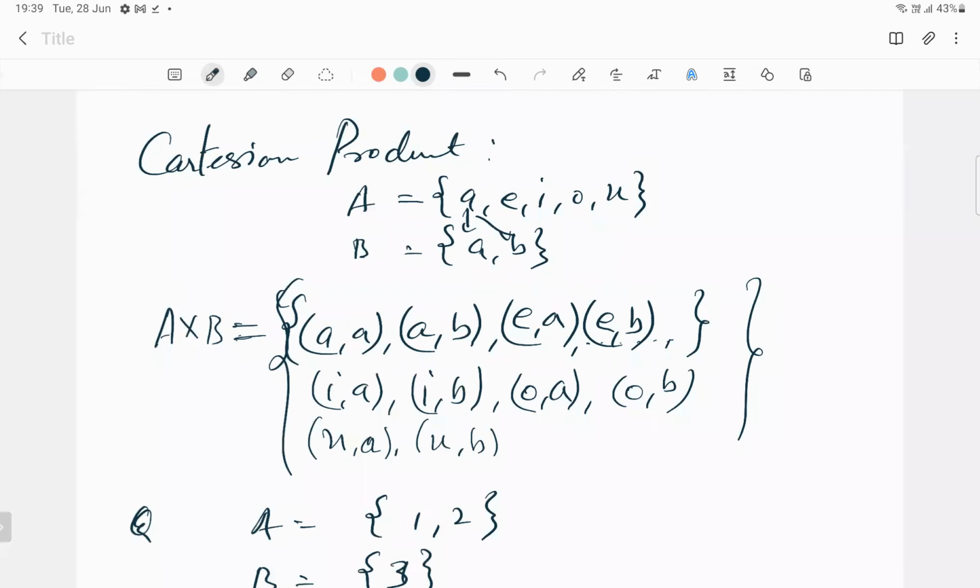I'm really sorry. So first element from here, second element from the other set.